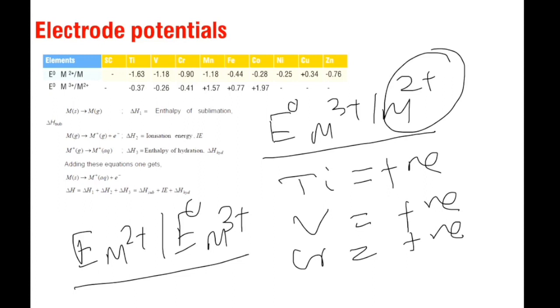This means M2+ can easily convert to M3+ by losing one electron, and they can easily undergo oxidation.